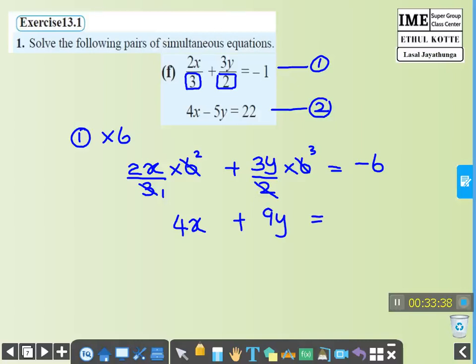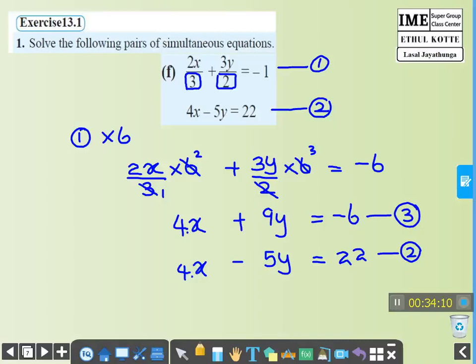Now simplify. 6 divided by 3 is 2, 4x, plus 9y equals minus 6. We'll say equation number 3, and I'll take the second one, 4x minus 5y equals 22. It's equation number 2.